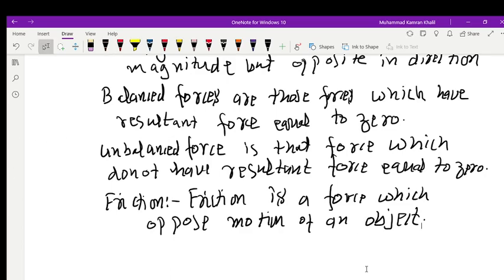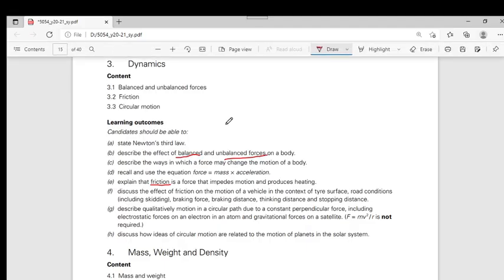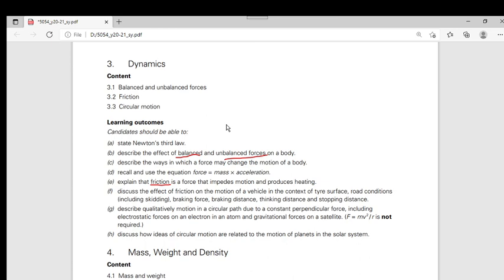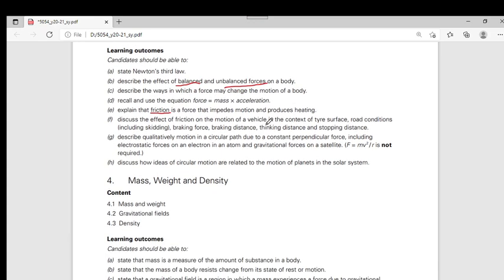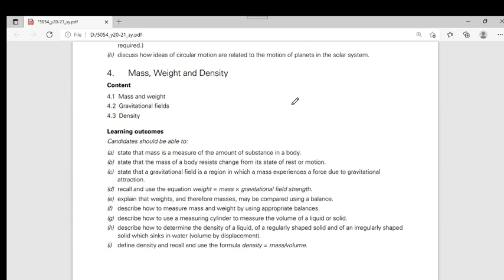Okay, after that, the definitions are towards the next topic, mass, weight and density. The definition of mass is already written here. You can underline this: mass is the measure of amount of substance in a body.